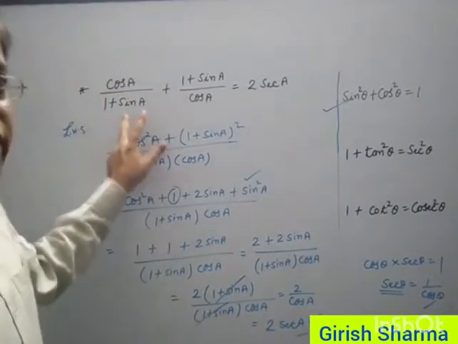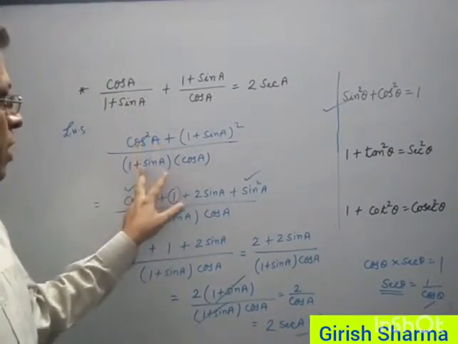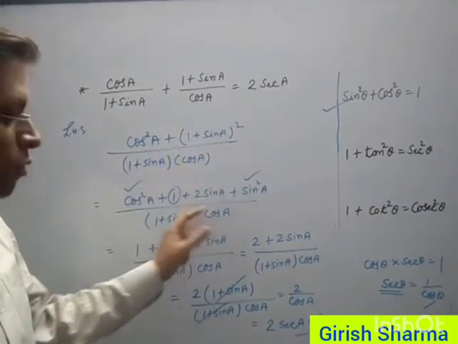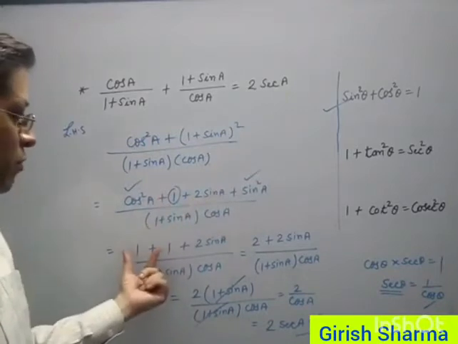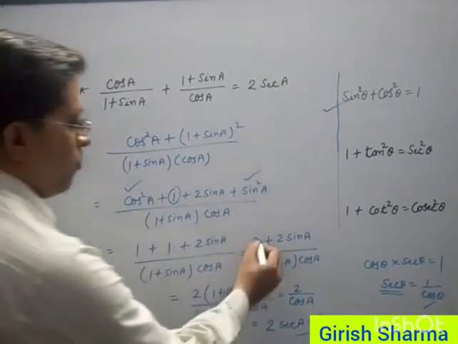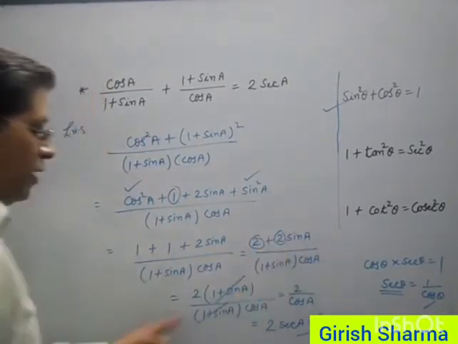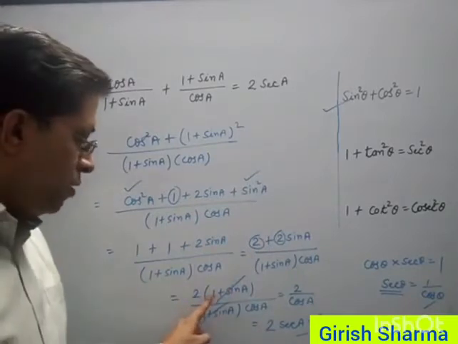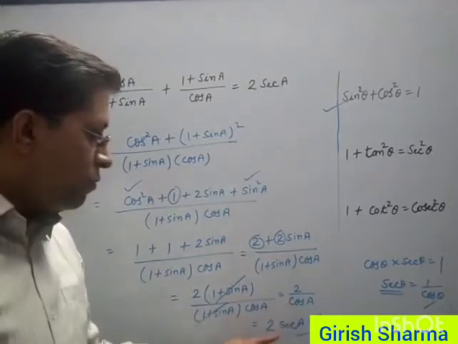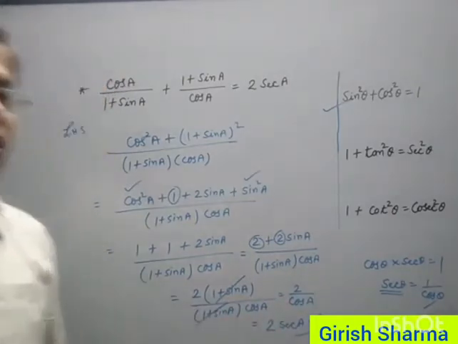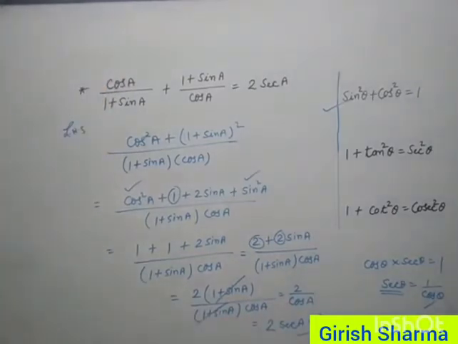Simply take LCM. After that solve this A plus B whole square, then use the first identity, then this will make 1, 1 plus 1, 2, then you take common from it. If I take common, this is the remaining part, this we will cut, this is 2 upon cos A, this will become sec A, 2 sec A is your answer. This is your RHS also.